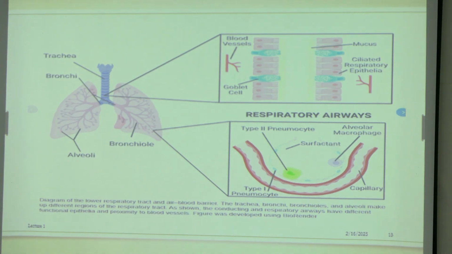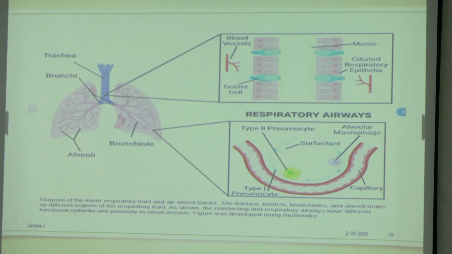Not only a difference in cell types, obviously a difference in cell functions also. So what are the most important types of cells present in the trachea, and what are the most important types of cells present in the respiratory airways, and what is their function?